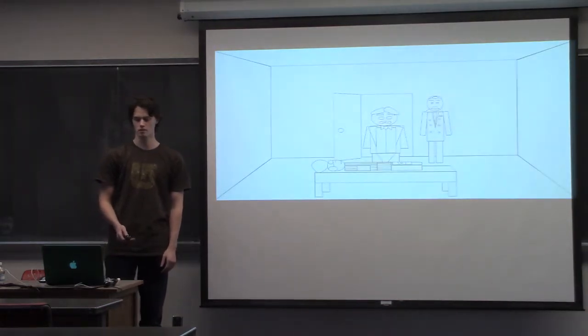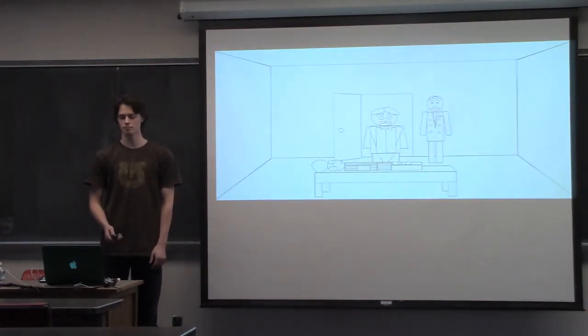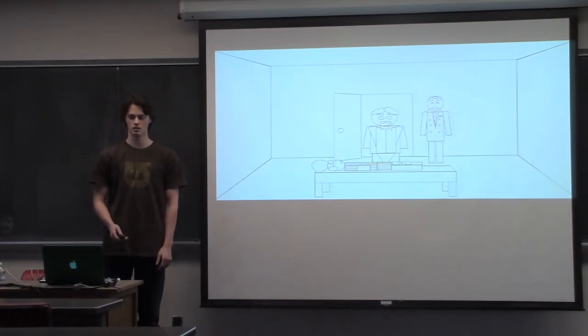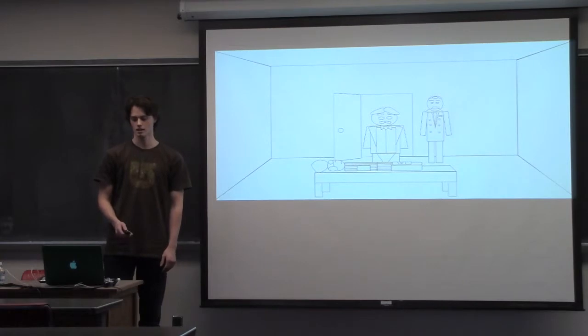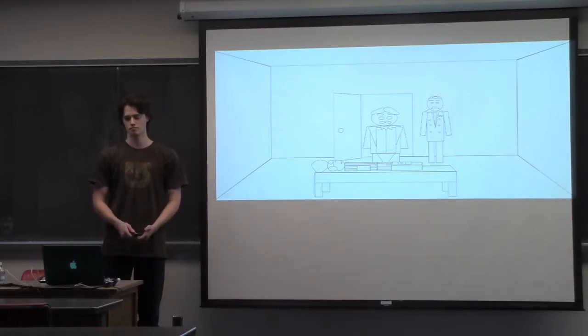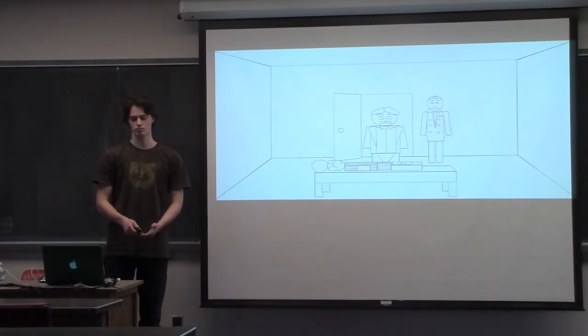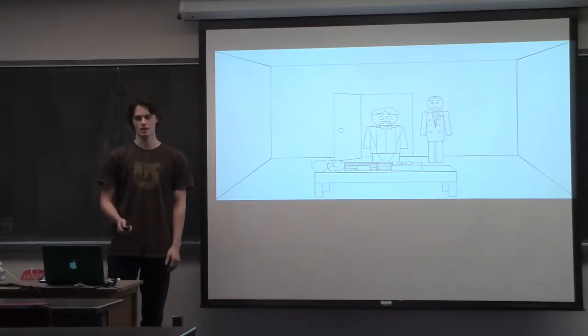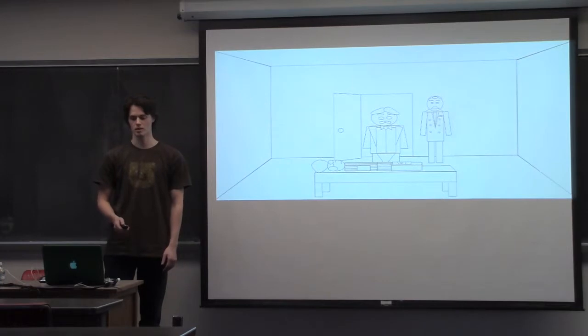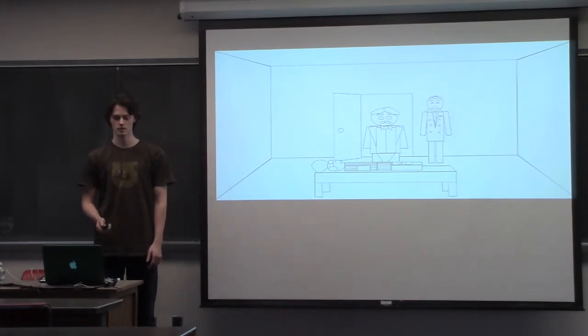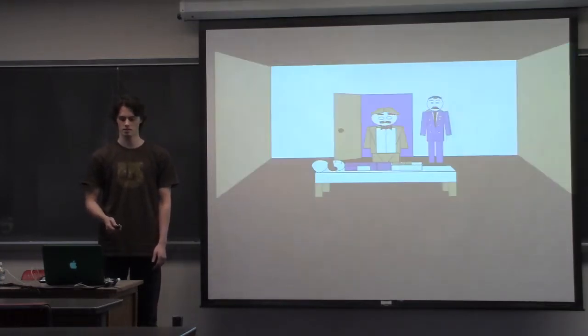I added the characters, and since Simon's unconscious, I left his eyes closed, and tried to make their expressions not too worried, but a little concerned about Simon because he might be dead.